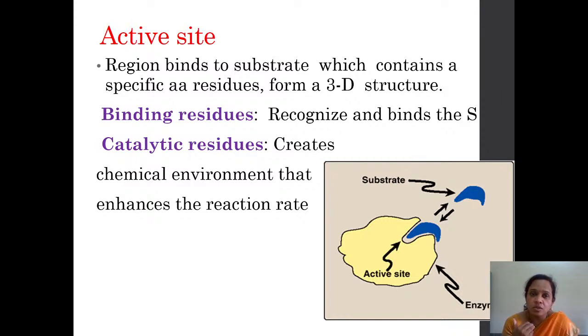That winding has a specific pattern, and it is graded by levels of organization of a protein. So you have the primary level of organization of protein, then secondary, tertiary and quaternary.